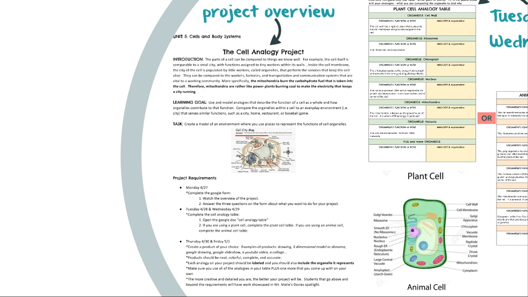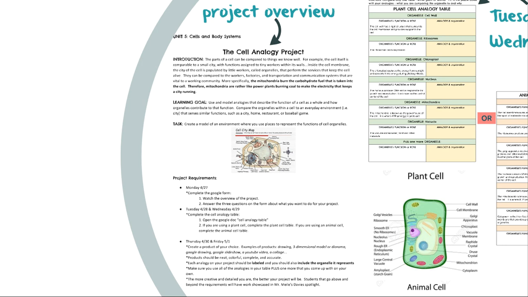I will also add that if you want to take it a step further, some people have also used characters from TV shows, and that's fine. The most important thing is that your analogies make sense. When you're making a comparison between an organelle and a person or a thing, it actually has to coincide with the function of that organelle.